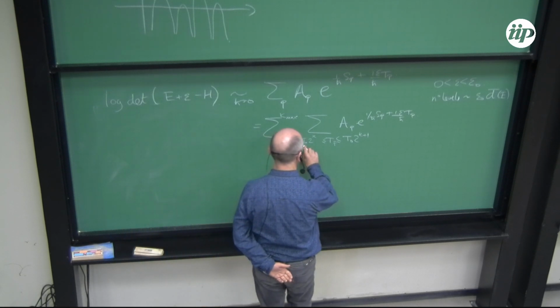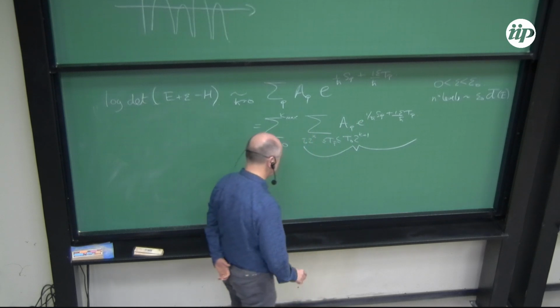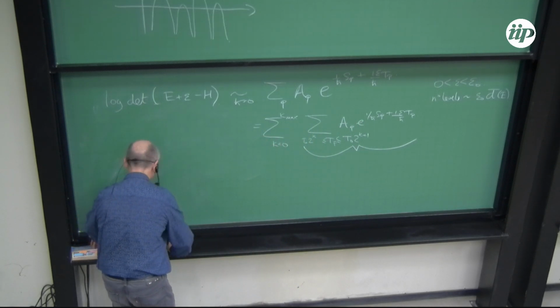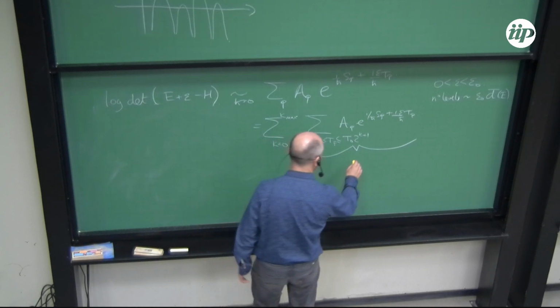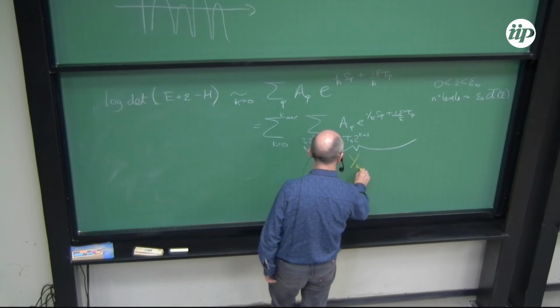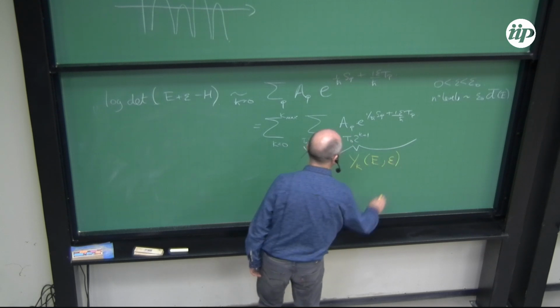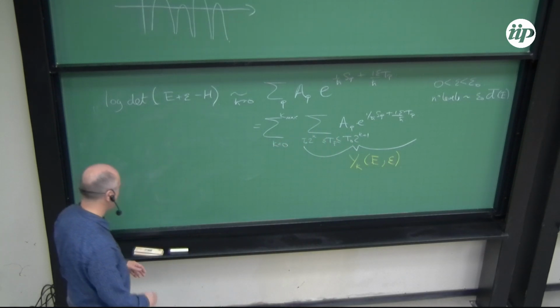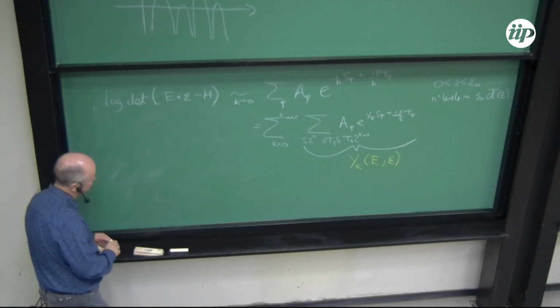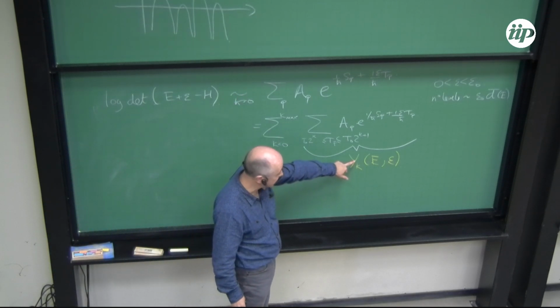Let me call the dyadic sum inside there y_k of E and epsilon. To construct the full periodic orbit sum, we have to sum over the y_k's.